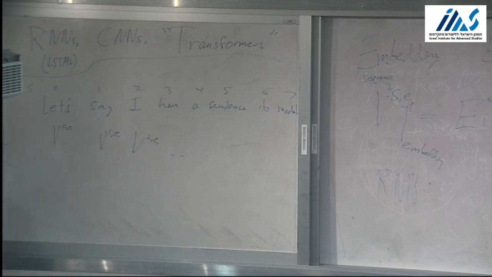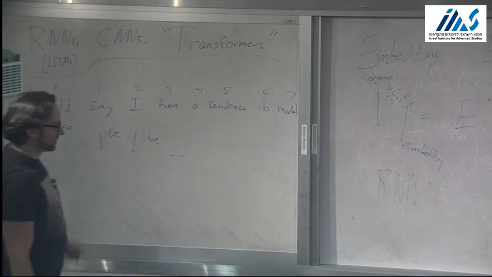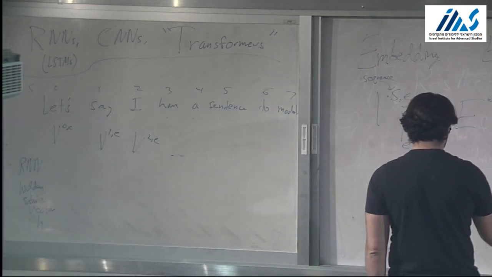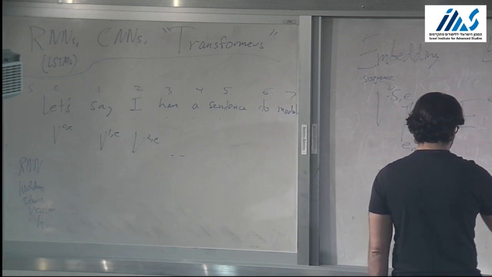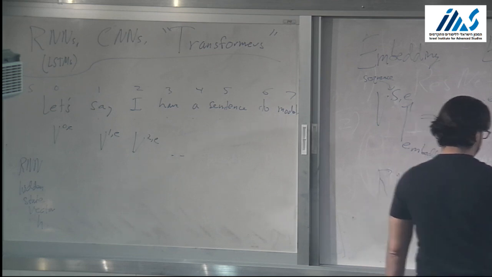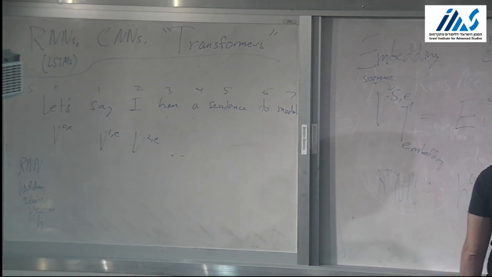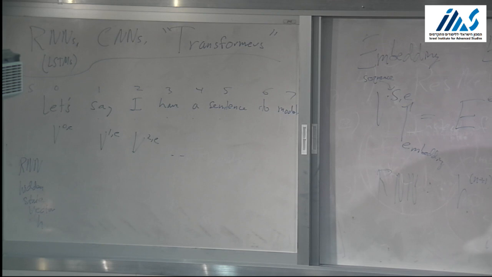So my recurrent neural network will have a hidden state vector H. All the recurrent neural network is, is a machine which outputs H_{n+1}, which is equal to a ReLU, say, of W, this RNN's W, which acts on the concatenation of V_n and H_n.